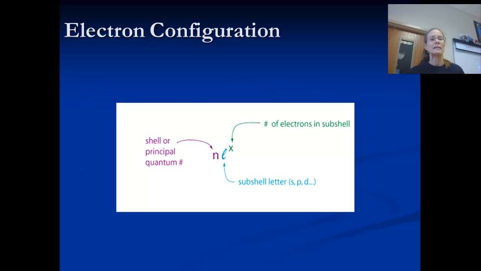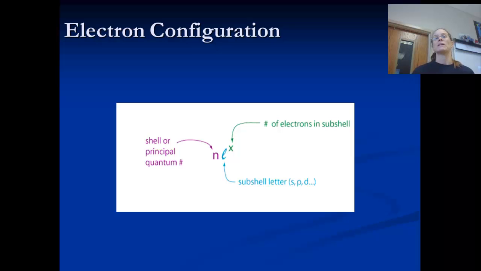When we write the electron configuration, you'll see that you have three of those four quantum numbers listed. The first number, which is represented by the letter n, is the principal energy level number.